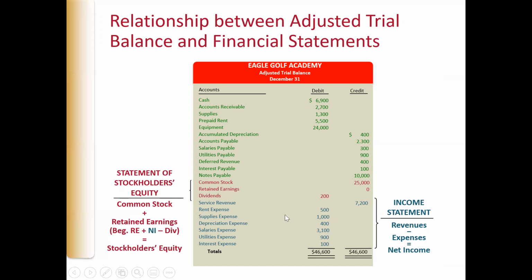You see why we need to do the income statement first? Because we need that number to put into the statement of stockholders' equity. Then, once we've completed the statement of stockholders' equity, we can complete the balance sheet, because we need the statement of stockholders' equity to plug in to the balance sheet. Okay? Make sense so far?